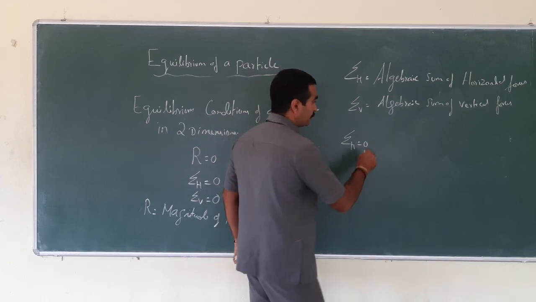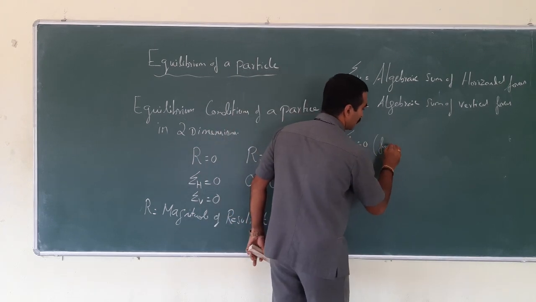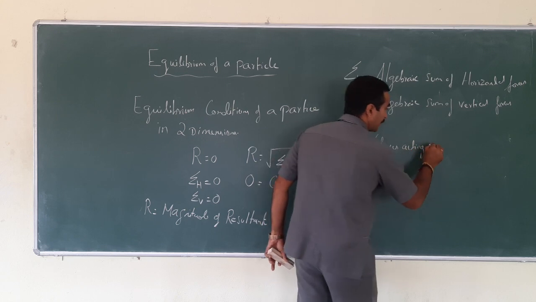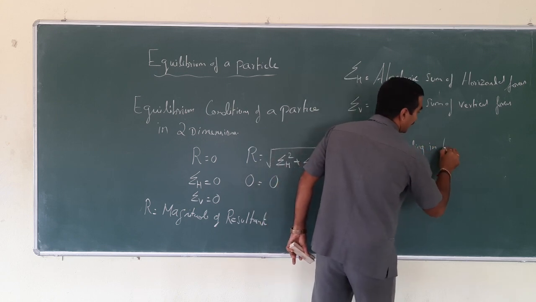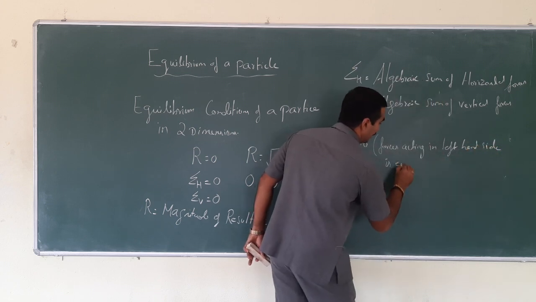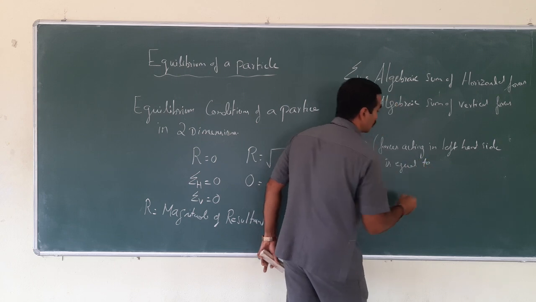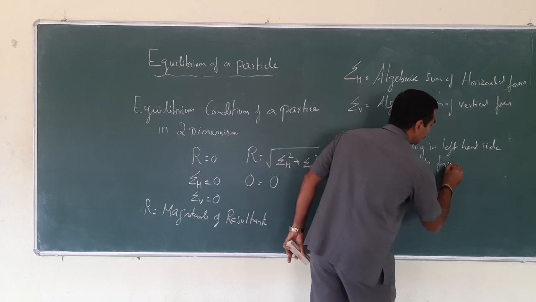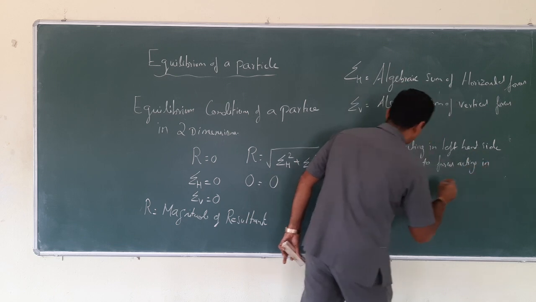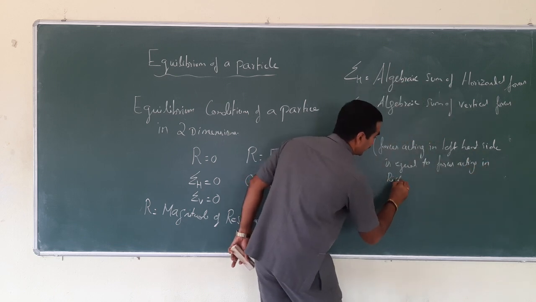When summation H is equal to 0, it means the horizontal forces acting on the left hand side are equal to the forces acting on the right hand side.